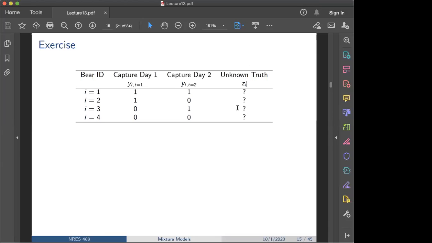There's 4 values we need to fill in here, just as a self-check.